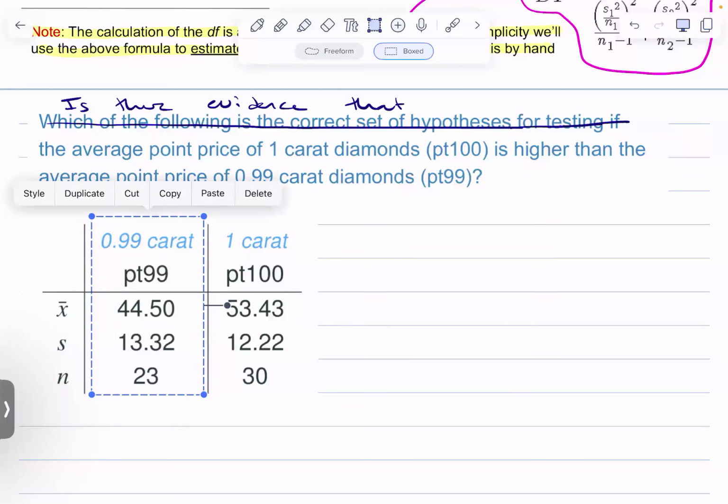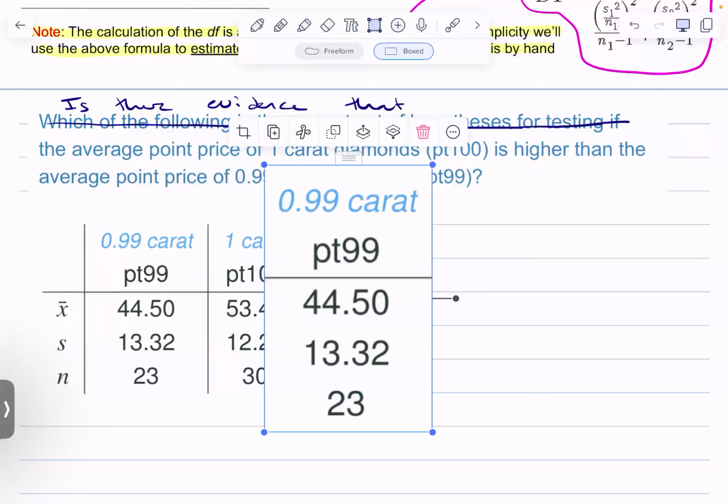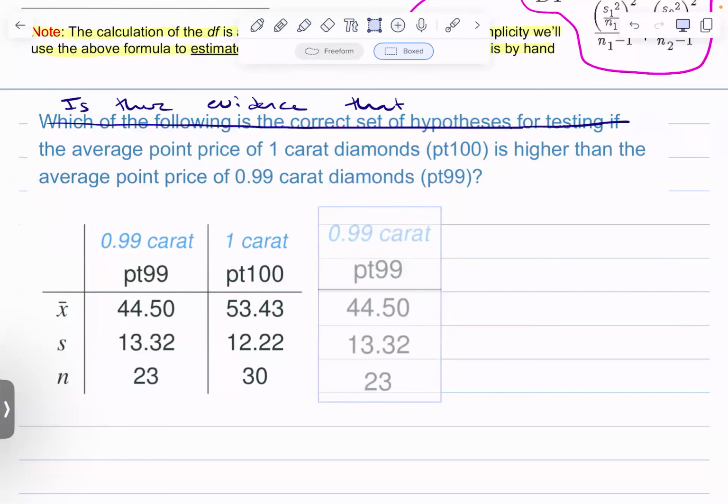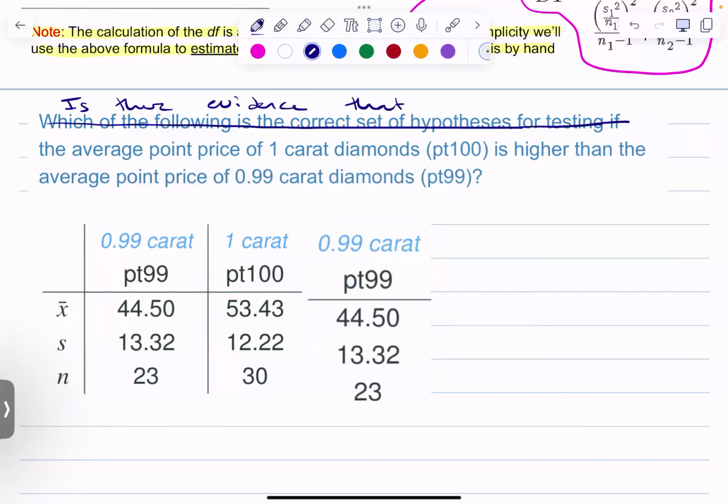Might be easier. Copy. Paste. Wait, that's big. I just moved them over. Otherwise, it's so irritating. All right. Now we can do it.